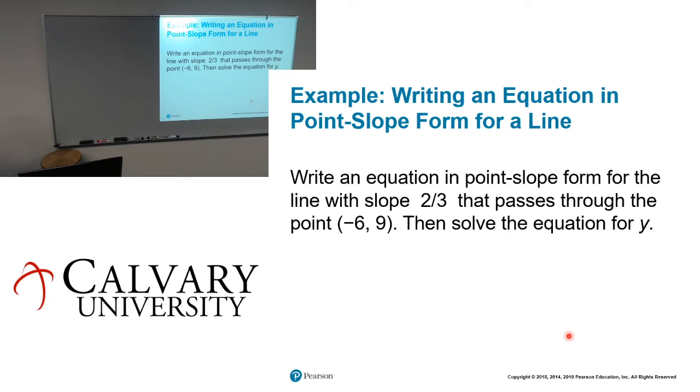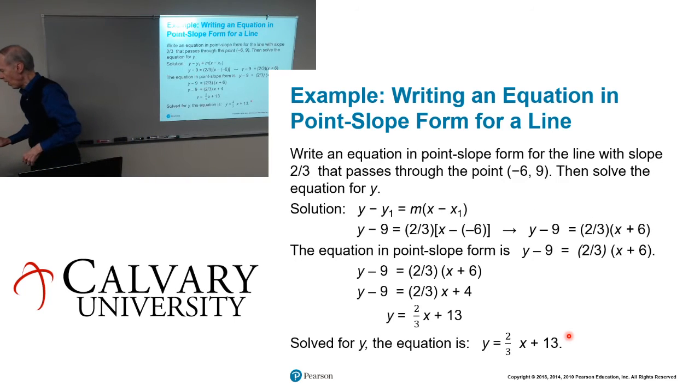Okay, that looks fine. Almost there. Now again, this is all you have to do for the point slope form, which is fine right there. Oh, I thought it solved for y. Okay, that's perfectly fine, and that is what I did also.